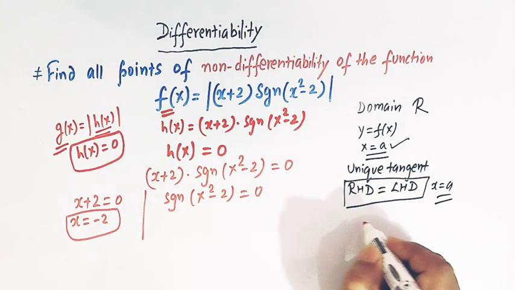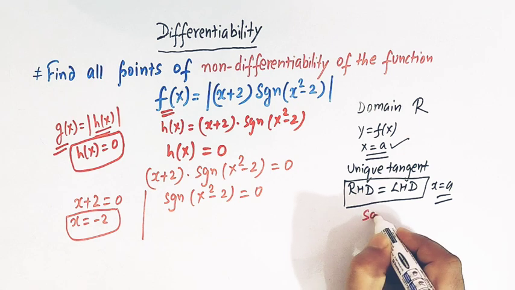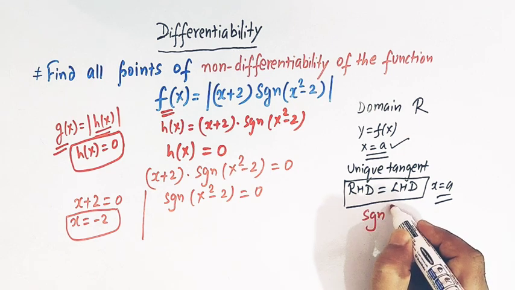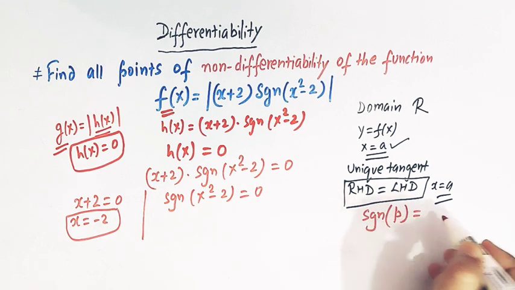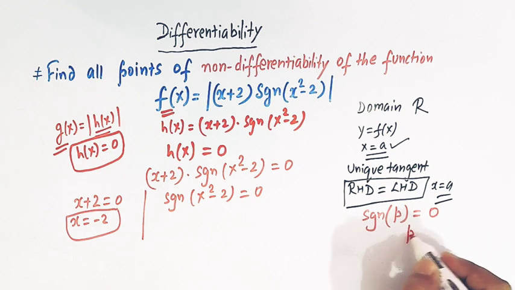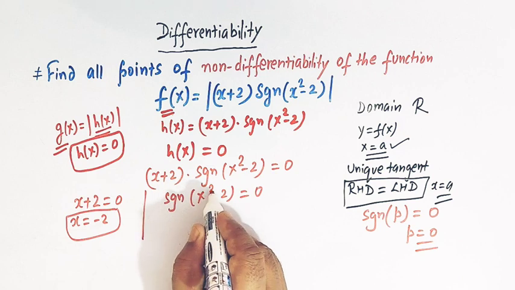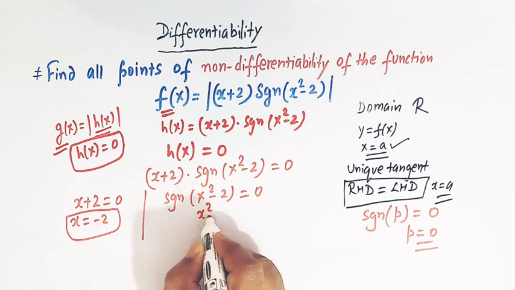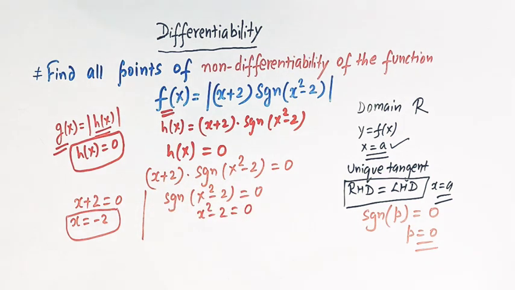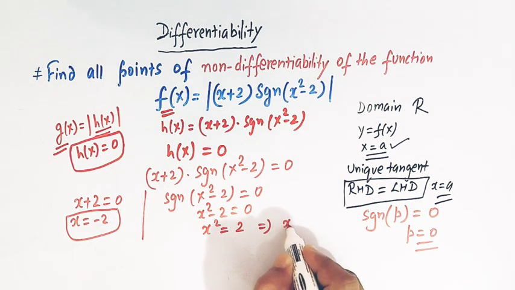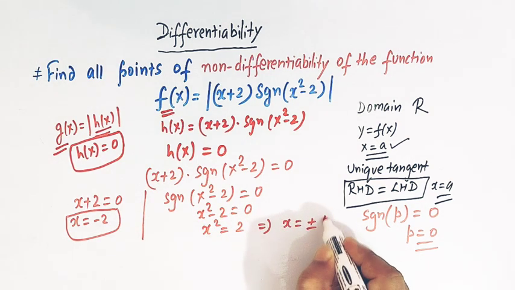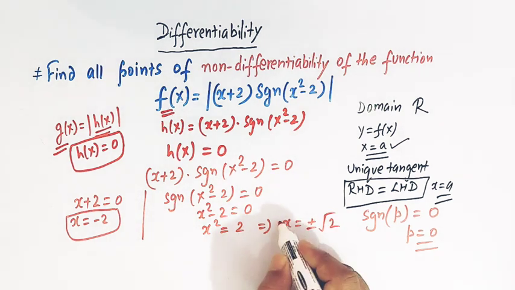So from the definition of signum function, we know that signum of say p is equal to 0 whenever p is equal to 0, right? So here p is x square minus 2, so x square minus 2 should be equal to 0. So x square is equal to 2, so we have x is equal to plus minus square root of 2, right?